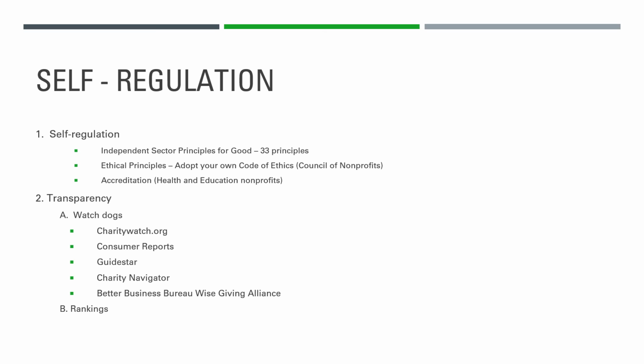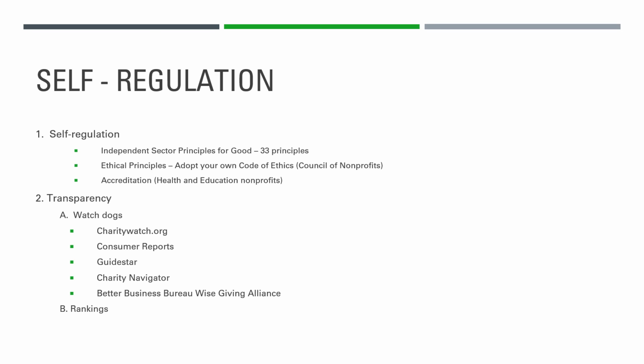You will see that a lot. You should develop your own ethical principles. You can go to the Council of Nonprofits and get some good ideas of what your ethical principles should look like and how to adopt a set of ethical principles that's already in existence.